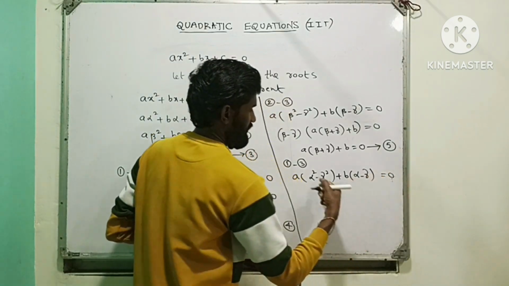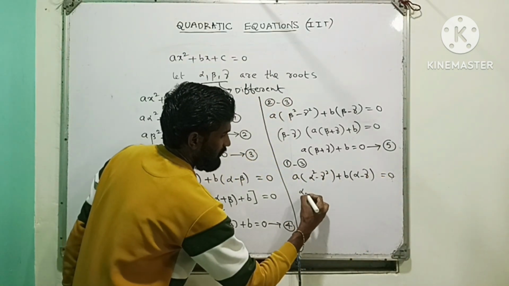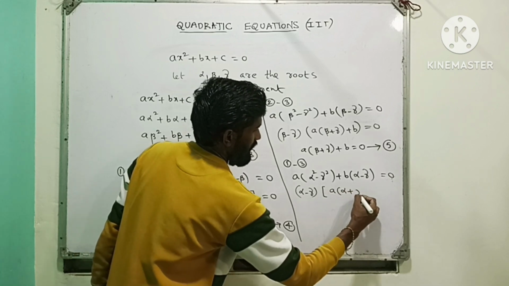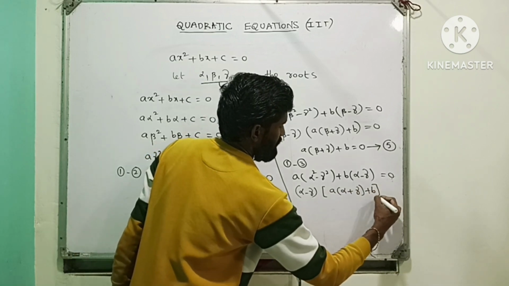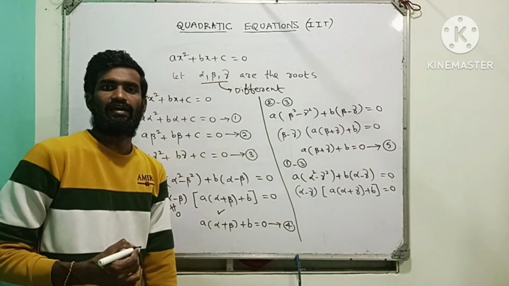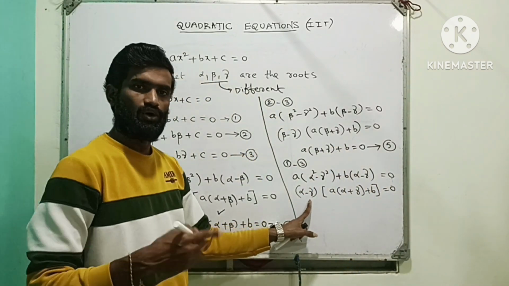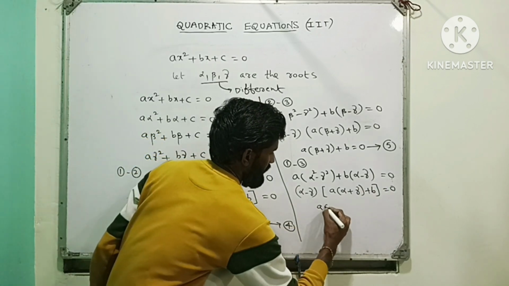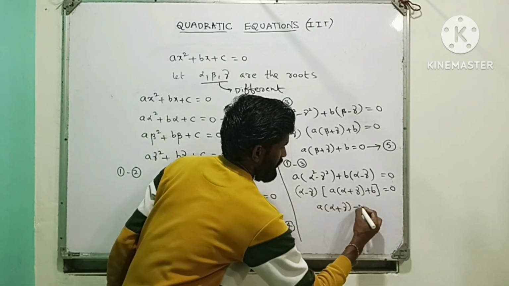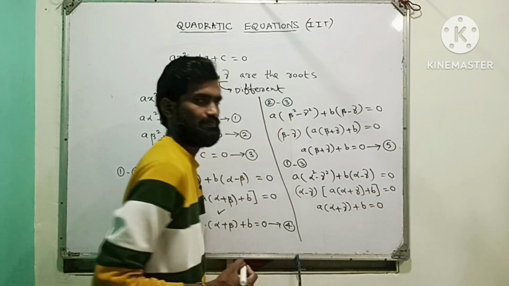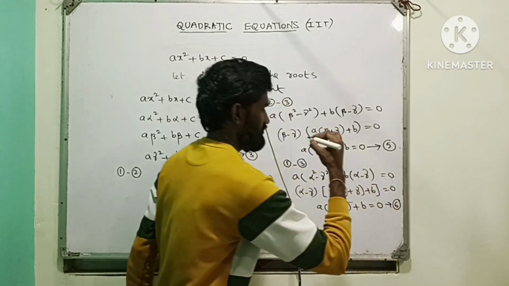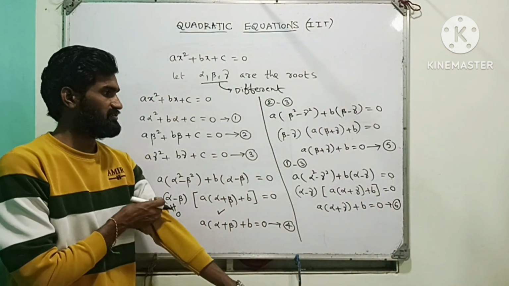Again, if I take alpha minus gamma as common in these two, what I will get is a into alpha plus gamma plus b, which is equal to 0. Again, alpha minus gamma is not equal to 0, as we already know, so only this one is 0, that is a into alpha plus gamma plus b, which is equal to 0. This is equation number 6.